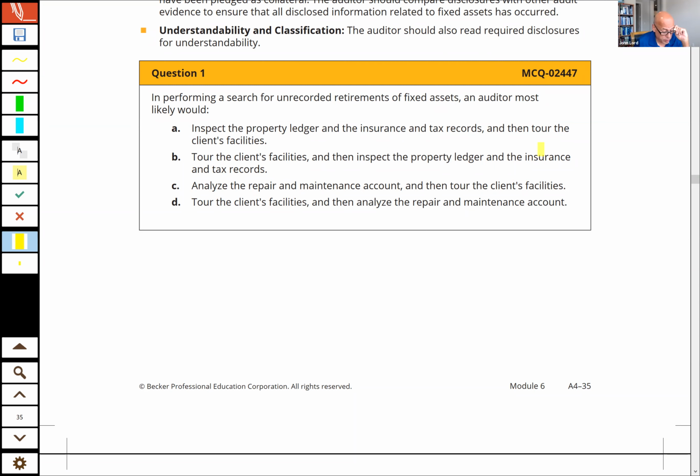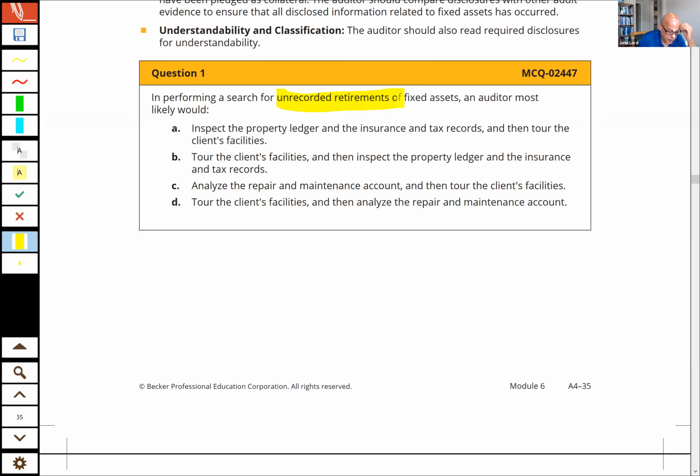take a look at this question in performing a search for unrecorded retirements. If it's unrecorded retirements, what assertion? Existence, because we're looking for the situation where they should have taken something off the books and left it on the books, right?